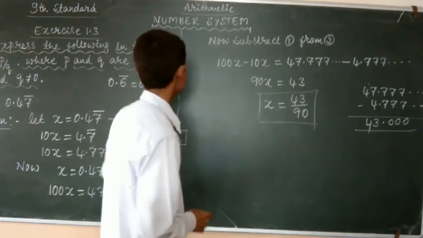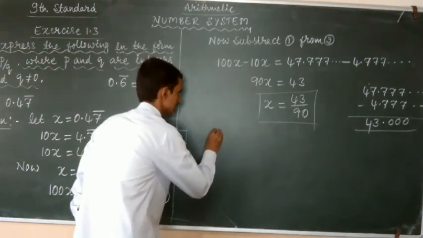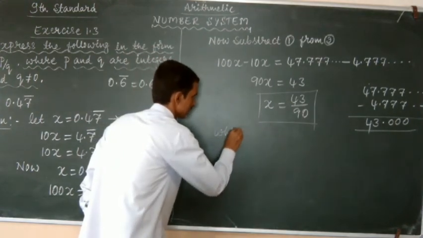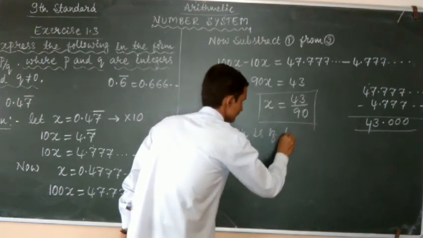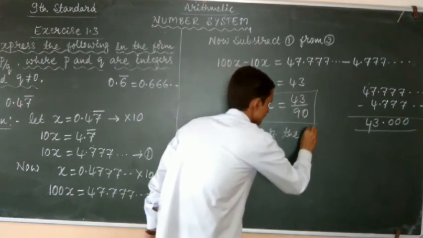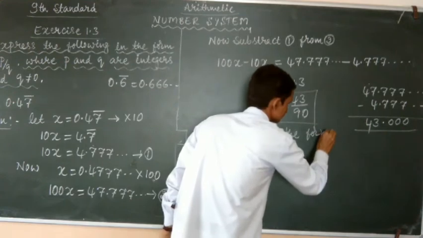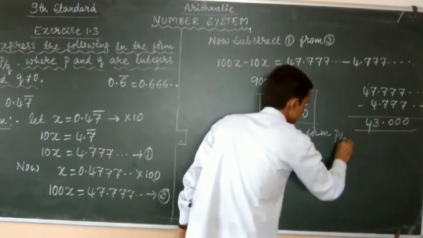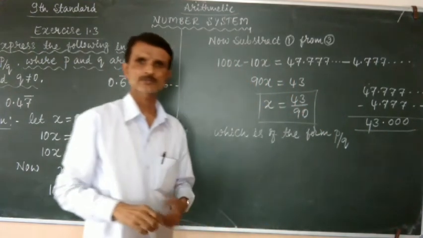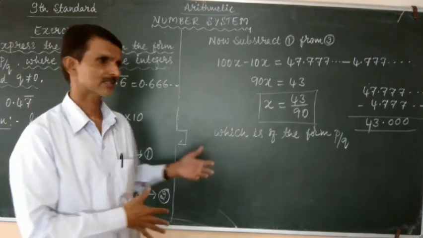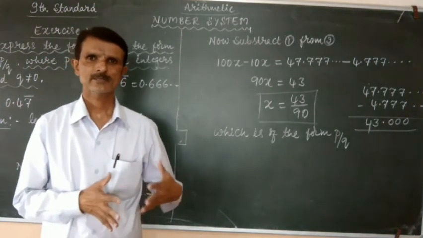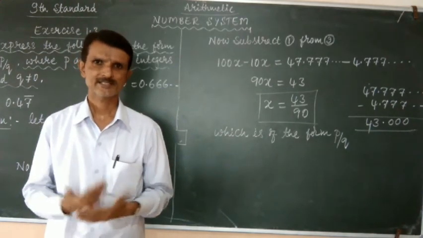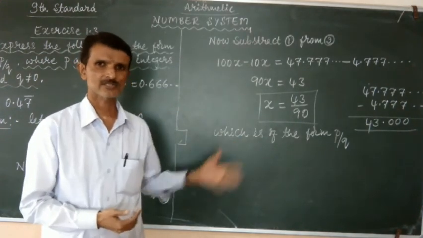Therefore, it is a rational number. So this decimal is also written in the form of p by q, or it is expressed as a rational number.